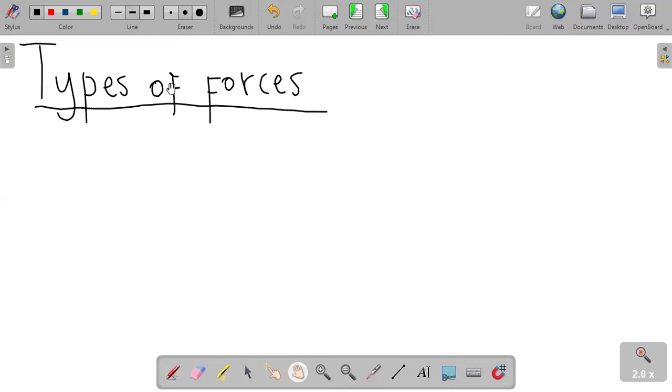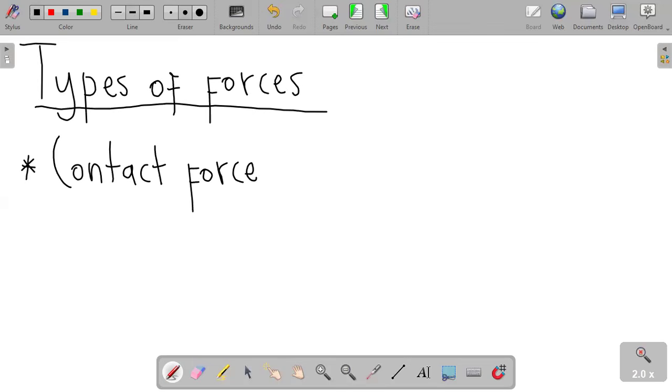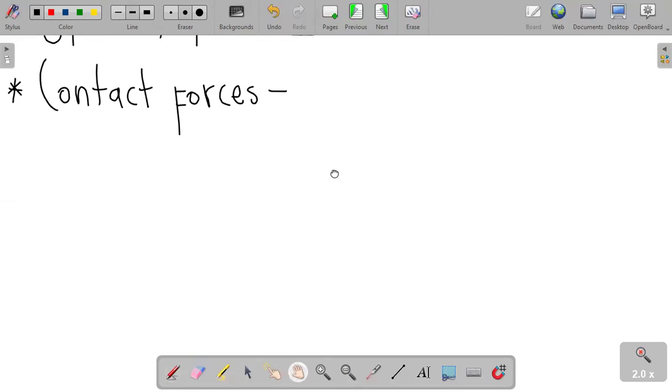We have 2 categories: contact and non-contact forces. So let me start with contact forces. What are they?